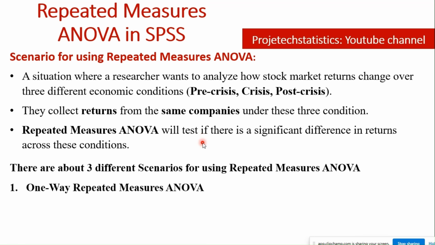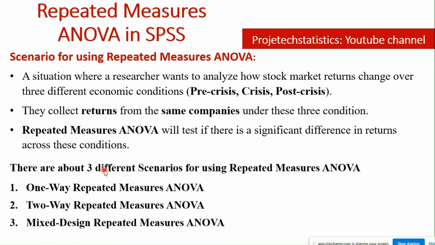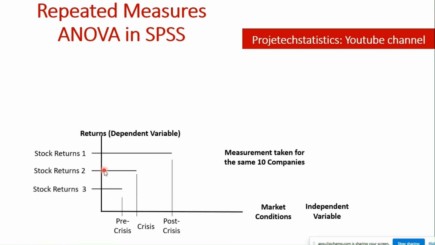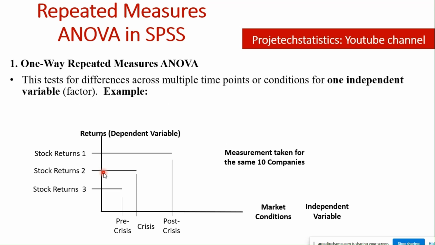There are about three different scenarios for using repeated measures ANOVA. The first one is one-way repeated measures ANOVA, the second one is two-way repeated measures ANOVA, and we also have the mixed design repeated measures ANOVA. Now let me explain the first one, which is the one-way repeated measures ANOVA.